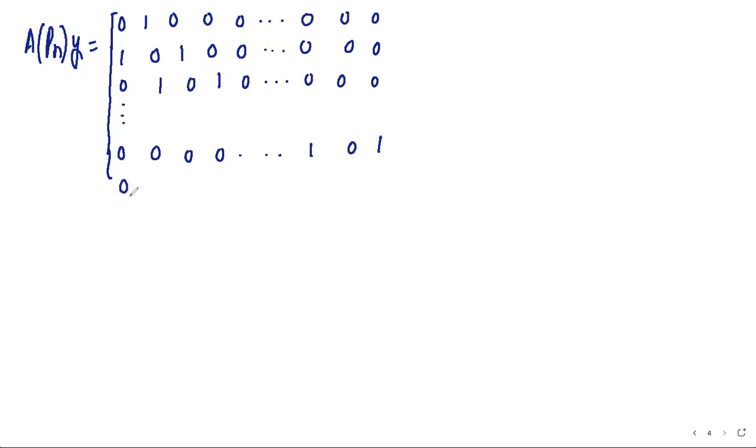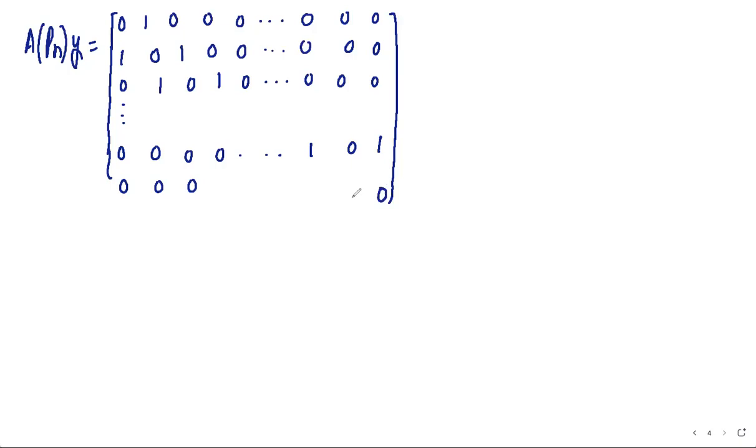This is the entry n1, because n and 1 are not adjacent. This is the entry n2, n3, and the last entry will also be equal to 0.